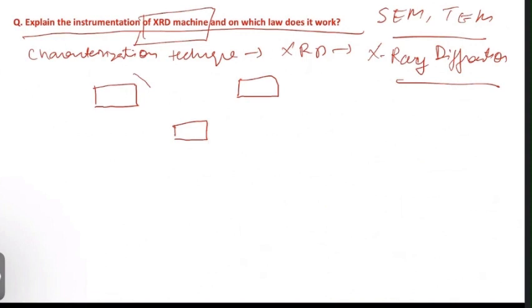Here it is falling, and here we have planes. The sample is like this and we have multiple planes over here. So A, B, C. Which of them is the source?